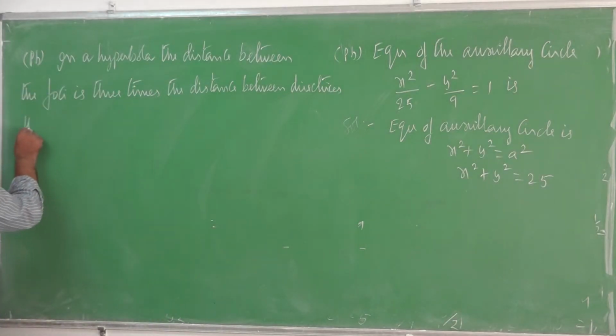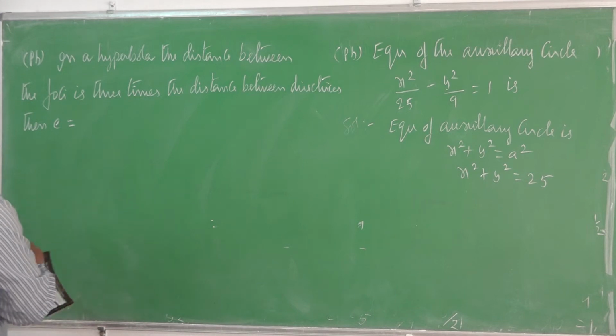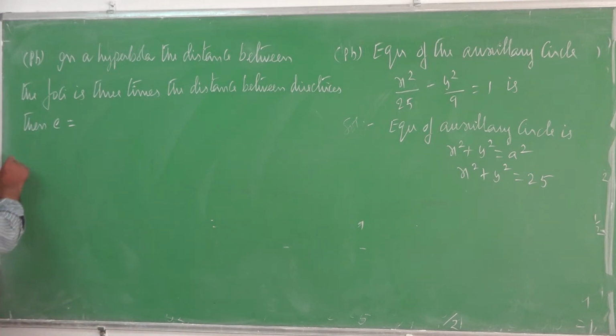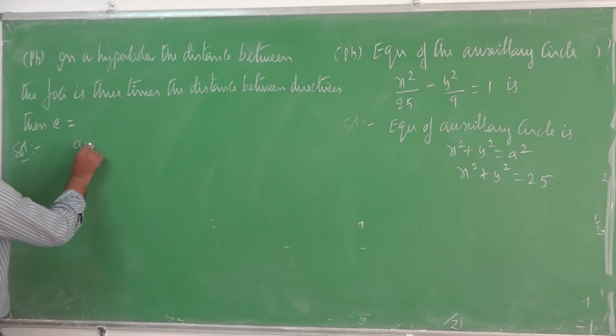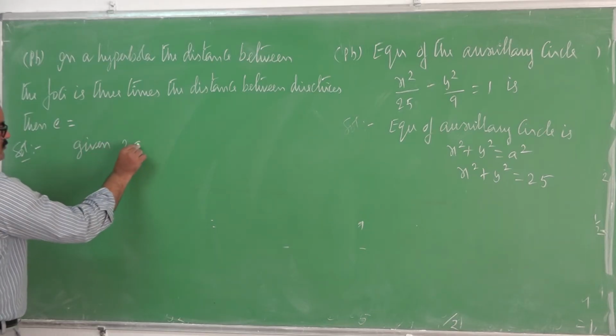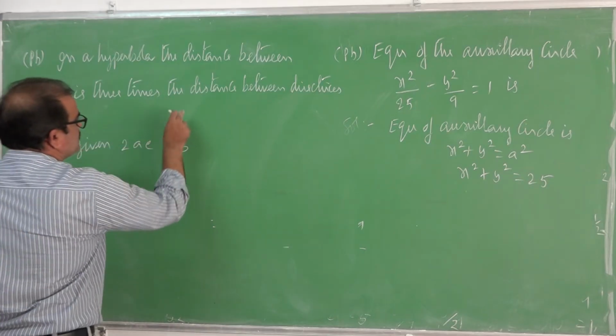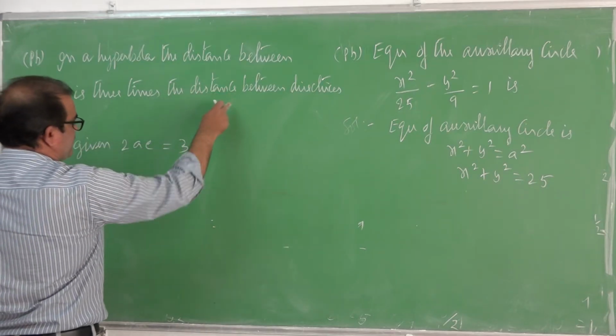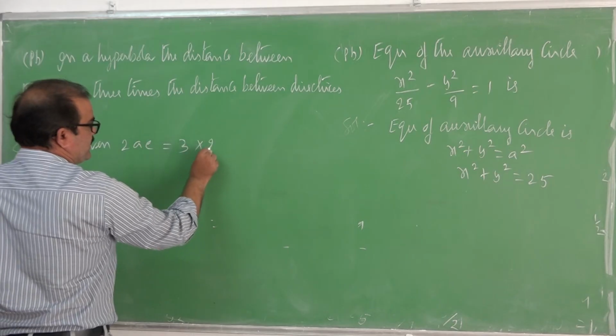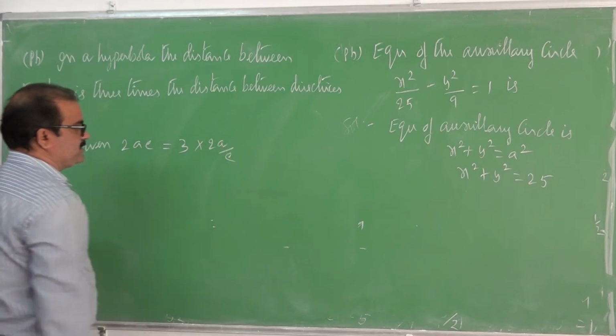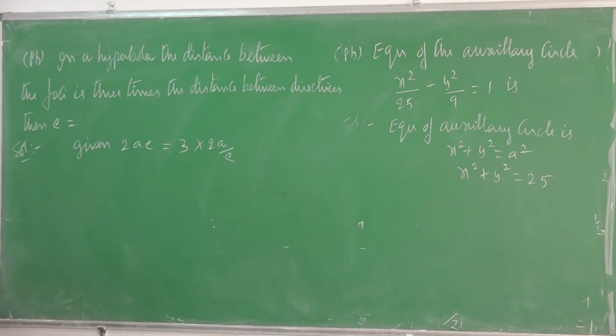Then the eccentricity e is equal to what? What is given in the hyperbola? Distance between foci is 2ae. That is 3 times the distance between the directrices, which is 2a by e.